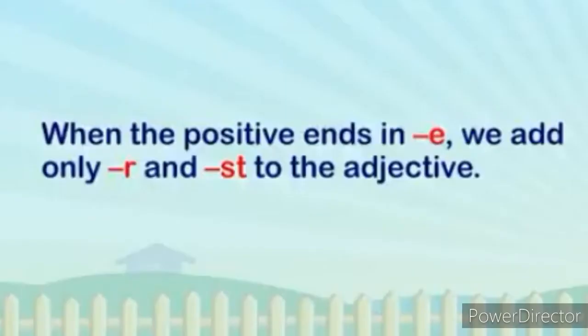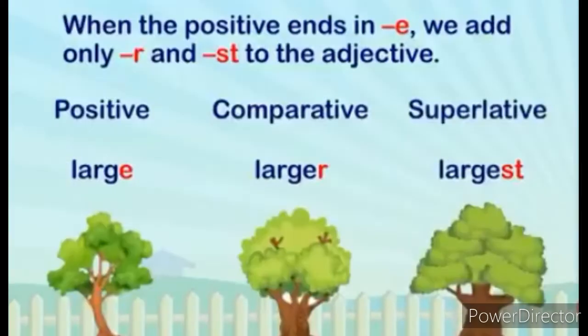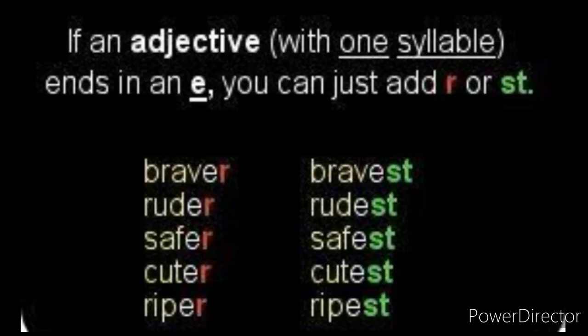When the positive ends in E, we add only R and ST to the adjective. Example, large, larger, largest. So here we have added R or ST to the comparative and the superlative. See some more examples.